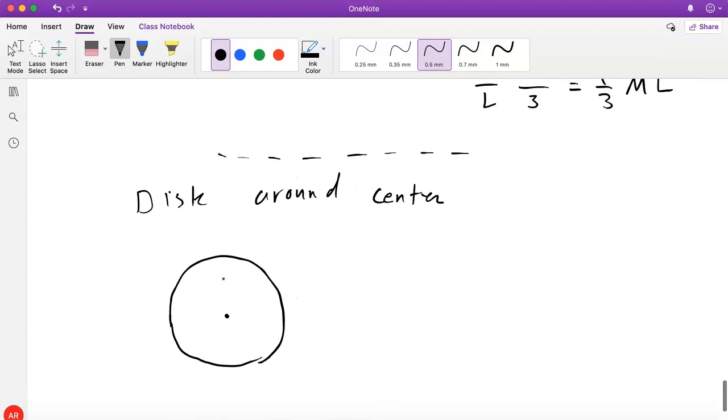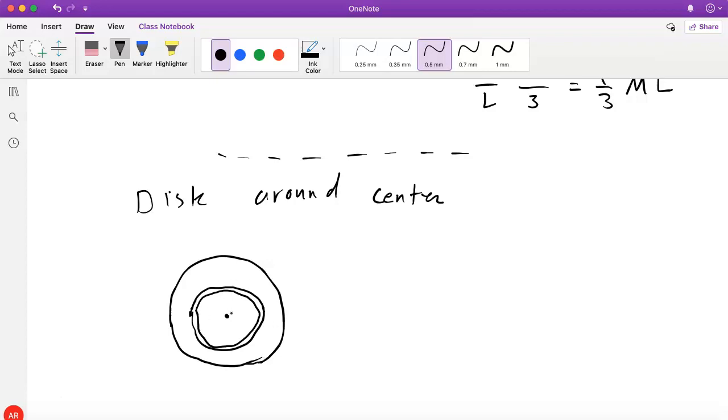We can make use of the symmetry, right? This thing has this angular symmetry, and it's very convenient to break this disk into a whole bunch of rings. And we already know the result for a ring. It's just the total mass times the radius squared.